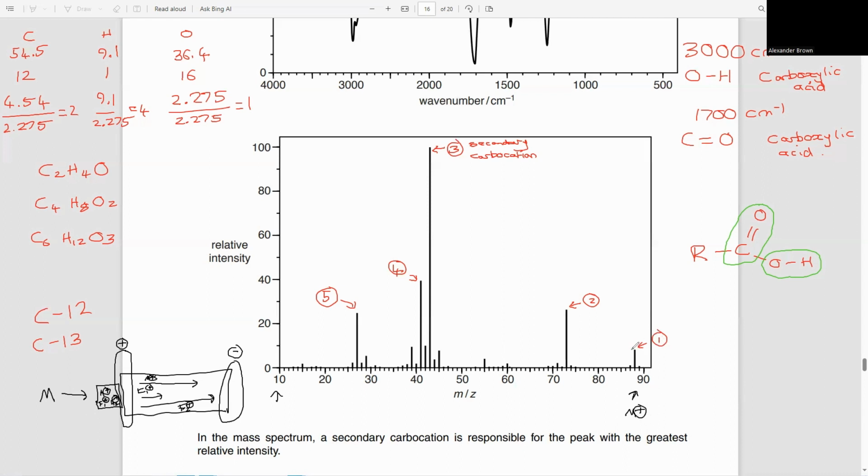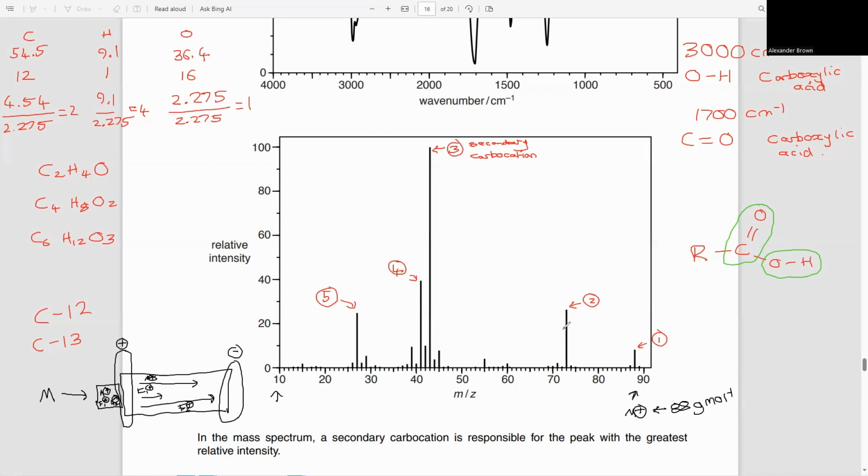Okay. And we're told that the M plus has a mass of 88. So the M over Z basically refers to the mass of this ion. So M plus, we're told, has a mass of 88 grams per mole. And that's peak 1.